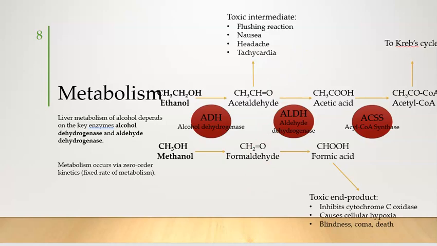Those who carry an inactive ALDH allele tend to have reduced intake, while those that are homozygous for an inactive one tend to avoid alcohol entirely just because they cannot handle it, because they get stuck in this toxic intermediate stage and they cannot break down acetaldehyde into acetic acid.